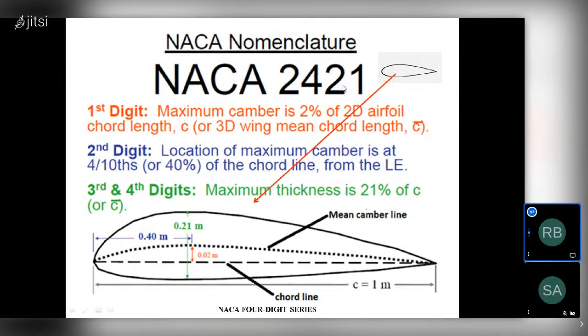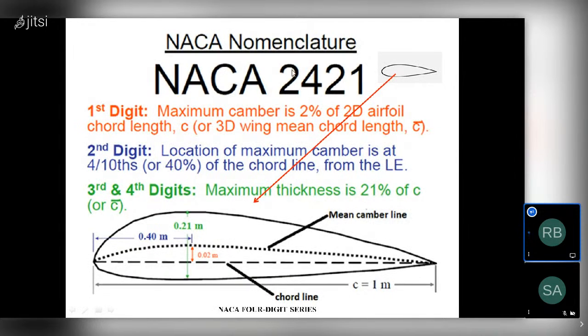If you take any kind of aerofoil shape, the shape of your NACA aerofoil will be described using a series of digits, like 2421 or 0012 or 1428. So you'll get digits following the word NACA, which stands for National Advisory Committee for Aeronautics.